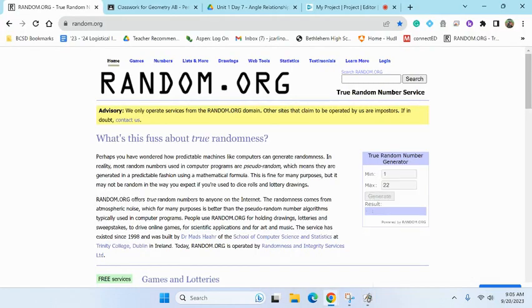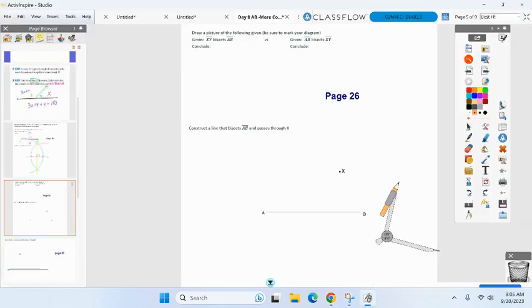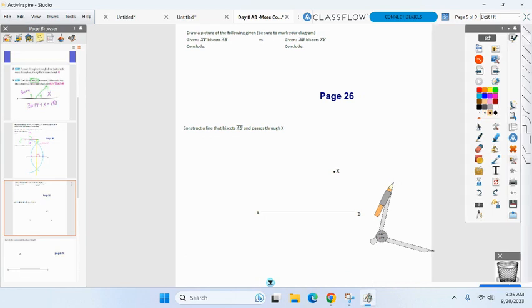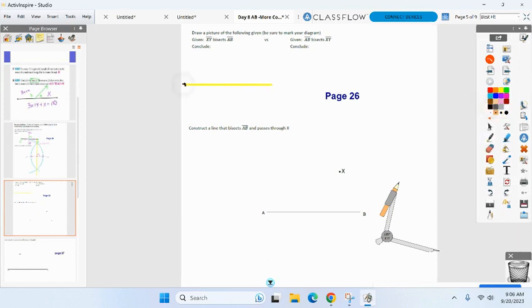XY bisects AB, so AB is being cut in half, and that should be the one with the hash mark. So everyone go ahead. You should have two segments on this diagram, XY and AB, and then segment XY drawn to show that AB is getting bisected.